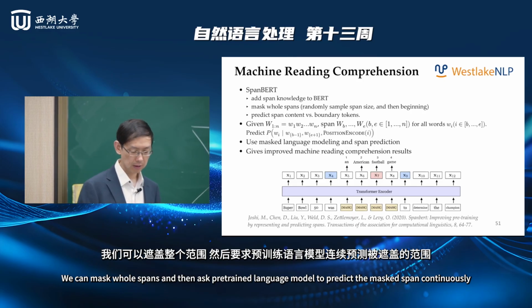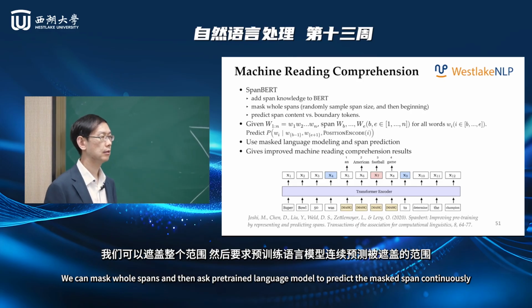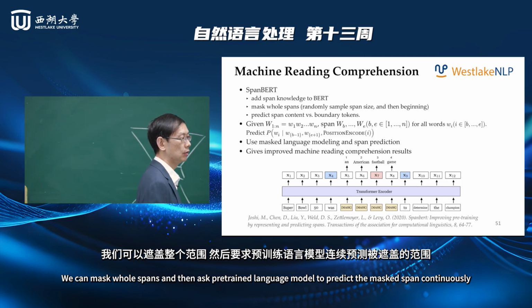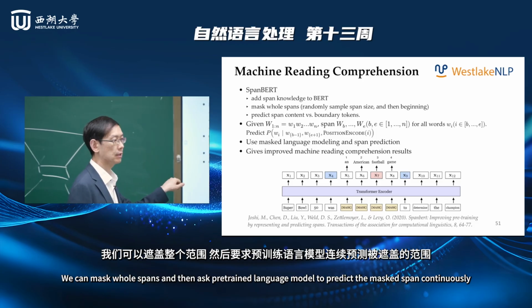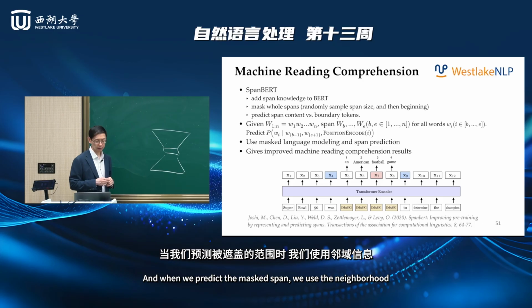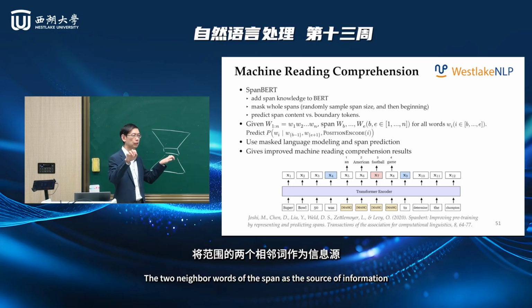We can mask whole spans and then ask the pre-trained language model to predict the masked span continuously. When we predict the masked span, we use the two neighbor words of the span as the source of information.